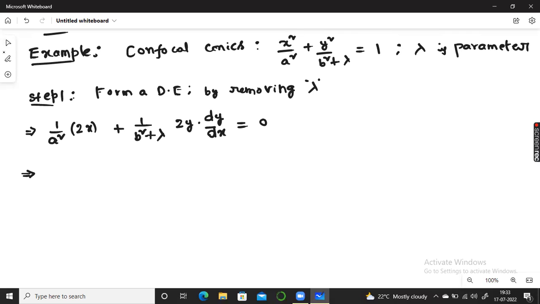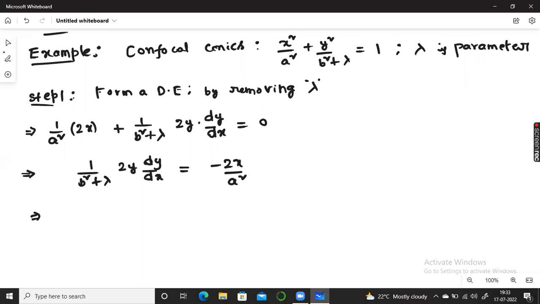So now 1 over b square plus lambda into 2y into dy over dx is equal to minus 2x over a square. See, 2 will cancel. So you are getting an equation here in terms of dy by dx only. If any cancellation terms are there, you can cancel here itself.